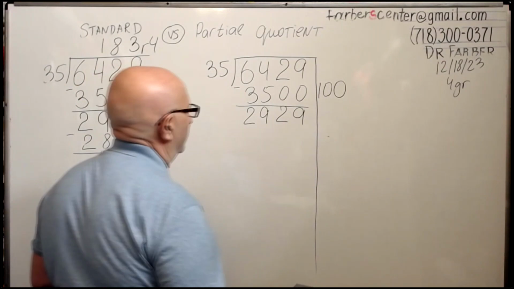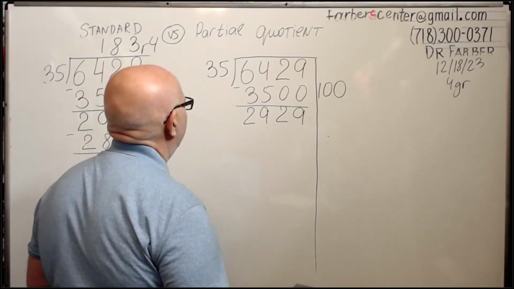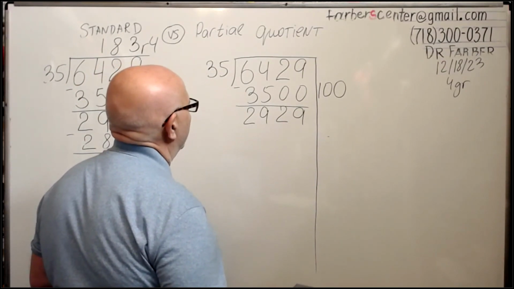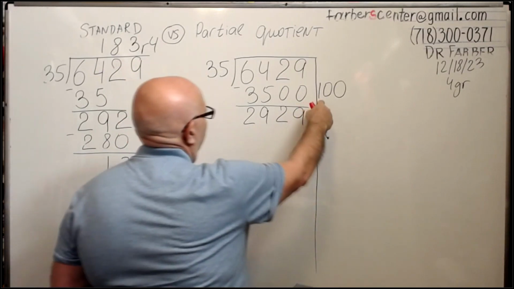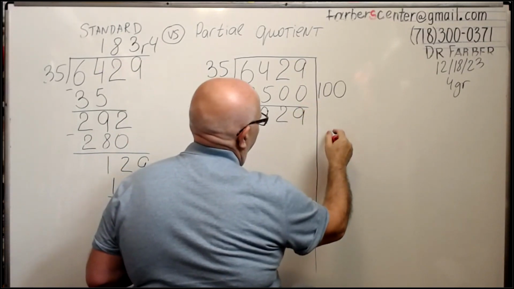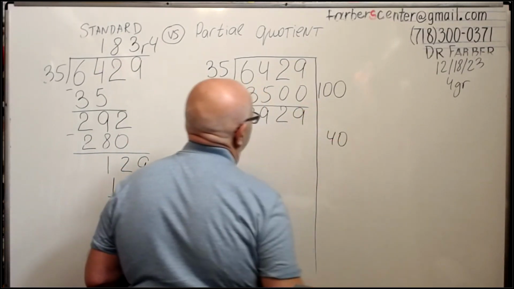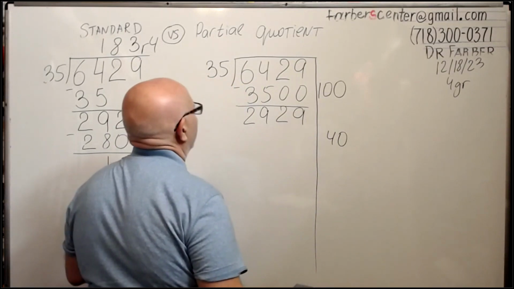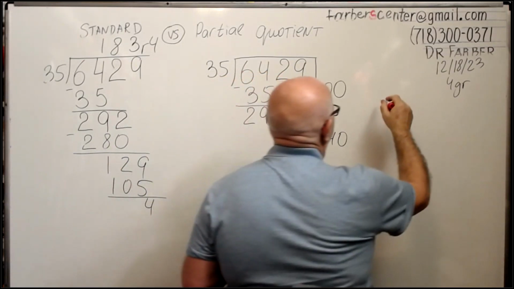I think like 200. 200 is too big. 200 does not even fit over there. Let me put here 40. You can practice with this, anything. Even could be bigger. Why is it 40? Because 35 times 40, look at this.